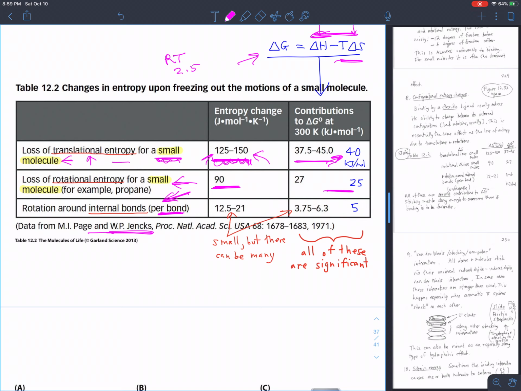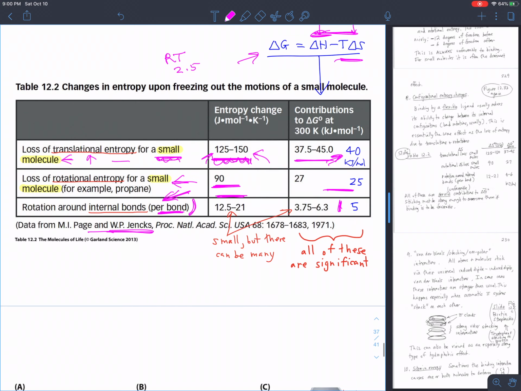So if you start with a free bond, a single bond rotation, let's say, which can spin freely, and then after binding you go to a situation where the bond can't rotate at all, that's the maximum possible loss of entropy, then that's 12 to 20 joules per mole per degree Kelvin, and about 5 kilojoules per mole in delta G.